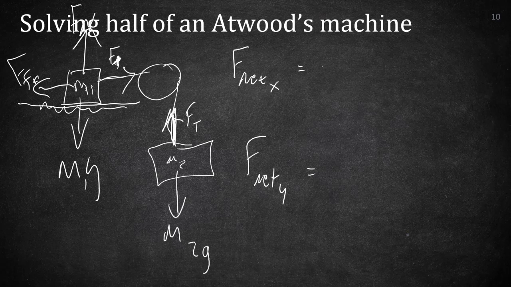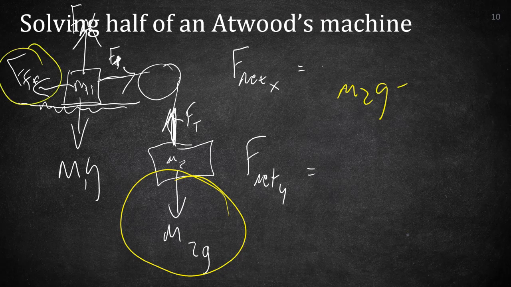If we treat the tension force as an internal force to the system, then the tension's just going to cancel out, and we could just figure out stuff that makes it go minus stuff holding it back. The stuff that's going to make it go is going to be m2g, and the stuff holding it back is going to be our frictional force, equals mass times acceleration.